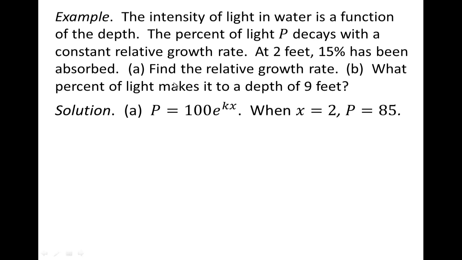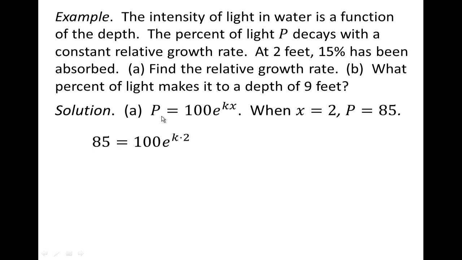I also could have chosen the number 1 to represent 100, and that would just change over here. When I say at x equals 2, right now I'm saying p is 85 as in 85%. I could say, well, if I choose the initial amount to be 1, p would be 0.85.